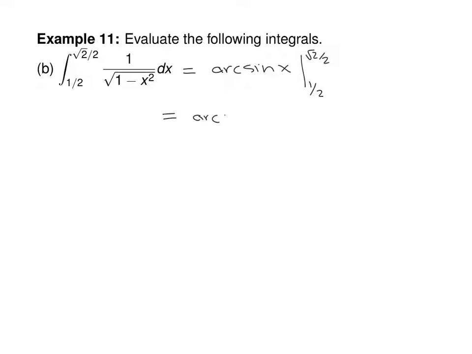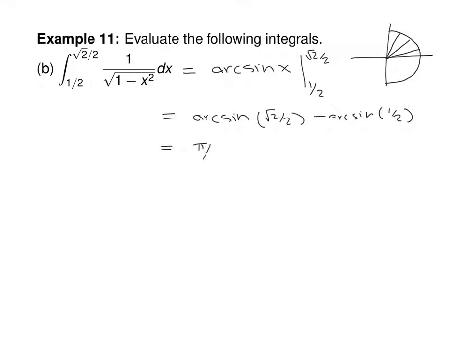So arcsine root 2 over 2 minus arcsine 1/2. So when is the sine root 2 over 2? At what angle? Pi fourths. When is the sine 1/2? Is it pi 6 or pi thirds? Pi 6, very good.